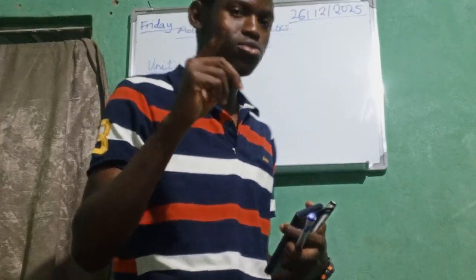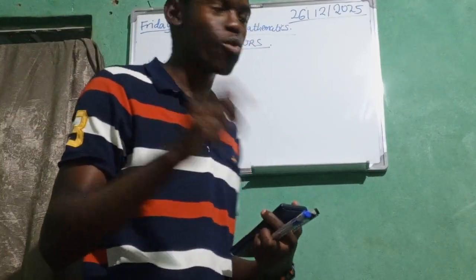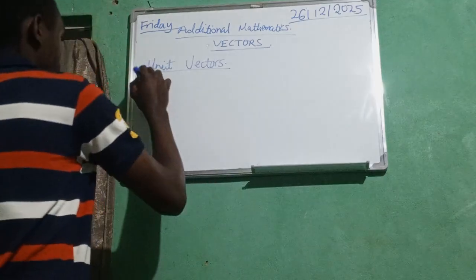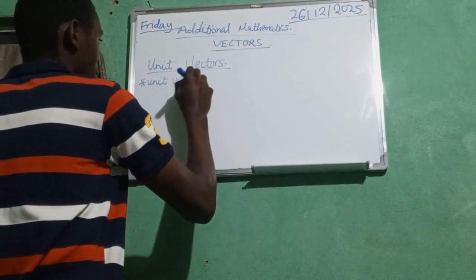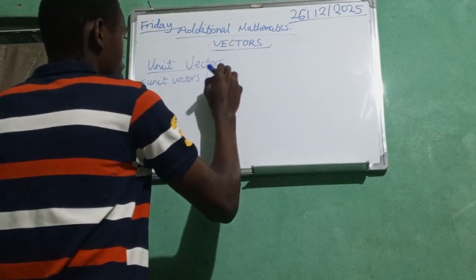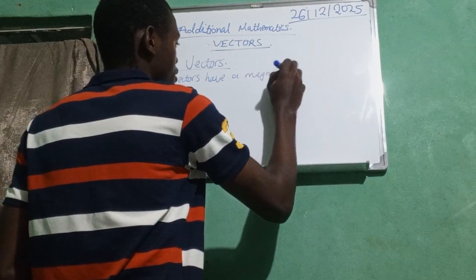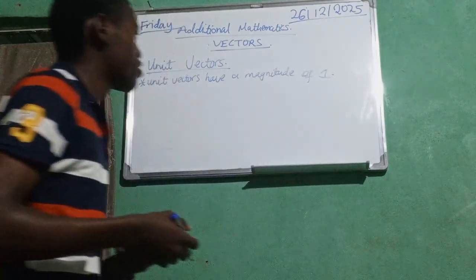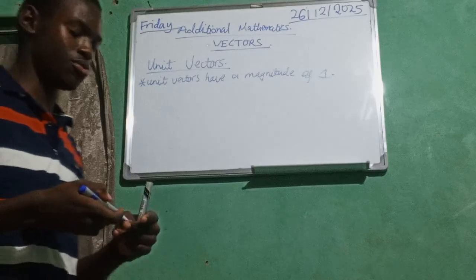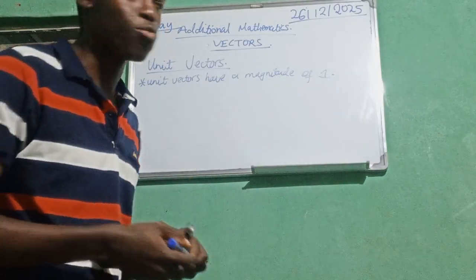The first thing to note: unit vectors have a magnitude of 1.